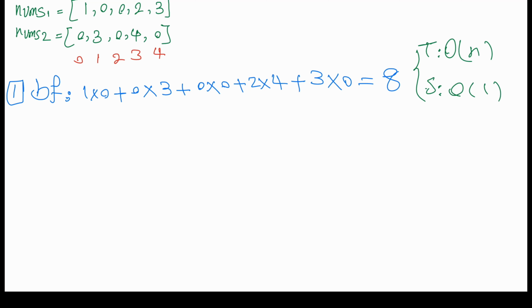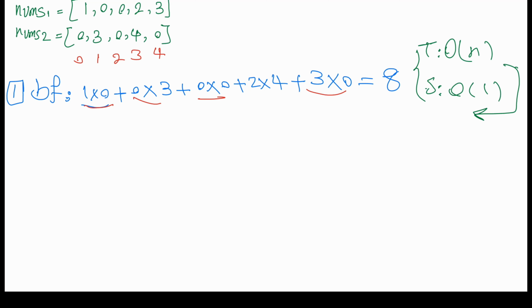So actually it's not a bad time or space complexity, but what is the problem with this solution? The problem is that we have to do a lot of useless operations. For example, this is a useless operation, this also, and this one also.